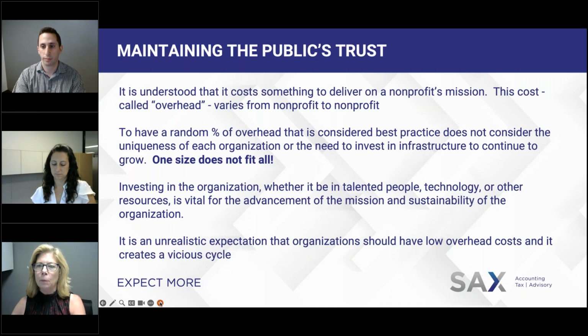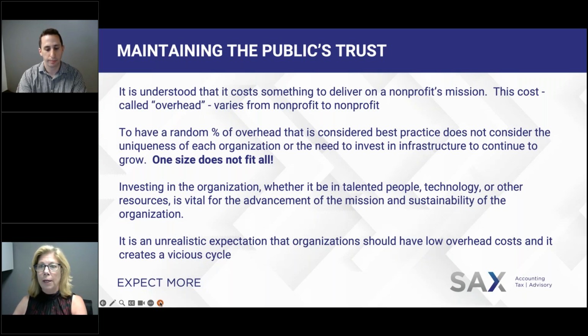One way we dispel myths is to ensure that we're maintaining the public's trust. And when I say the public's trust, what I really mean is, for the most part, nonprofits operate from taxpayer dollars through government grants, or donor dollars.